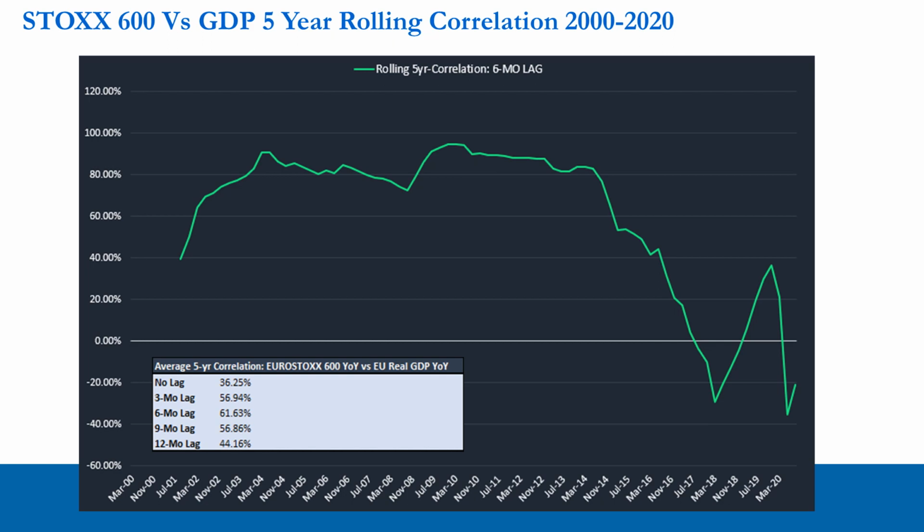But when we look at this visually, we can see that the number was pretty high up until the years of around 2014, 2015, and then correlation started to come down.